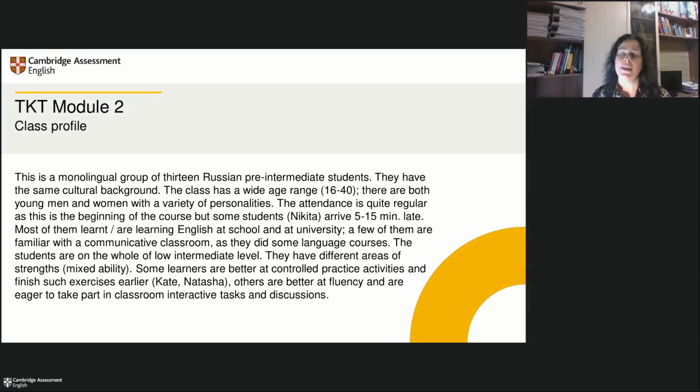Yeah, you can look at each student separately, creating a learner profile, or you can put it together as a kind of summary, highlighting the most important peculiarities of your group. And something like this will be a must if you do Delta Module 2, because there will be this requirement to describe your group for each lesson, actually.